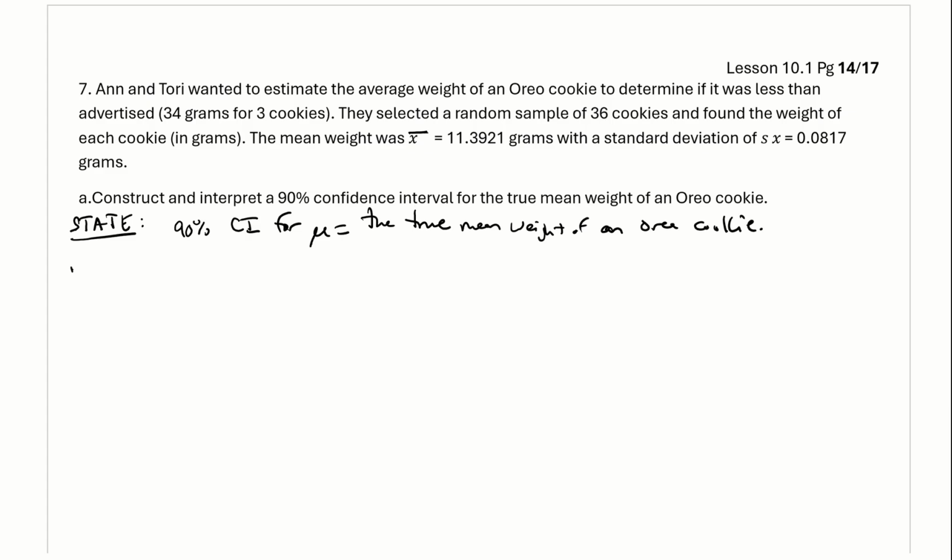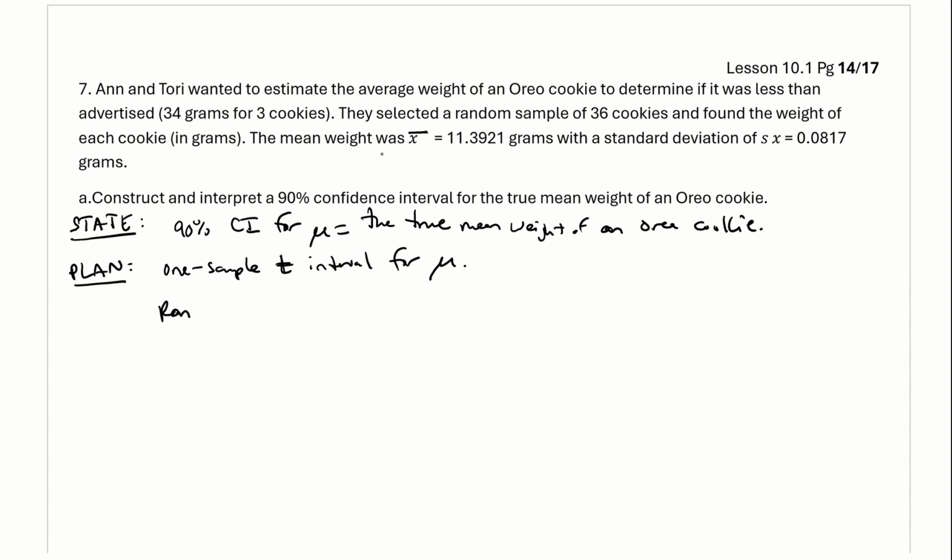All right, so then we got plan. So we're doing a 1 sample t interval for mu, and then our conditions.